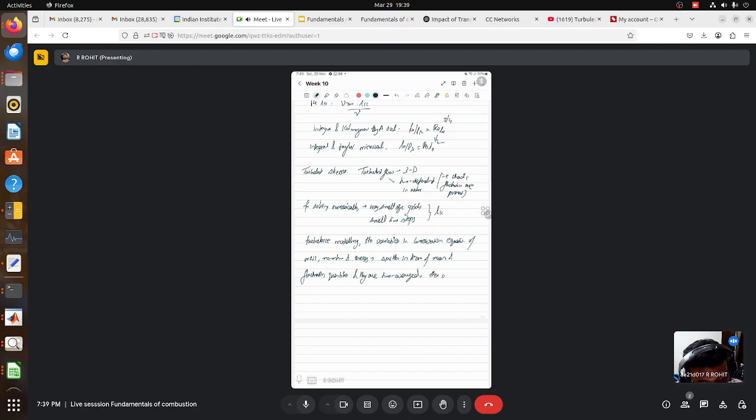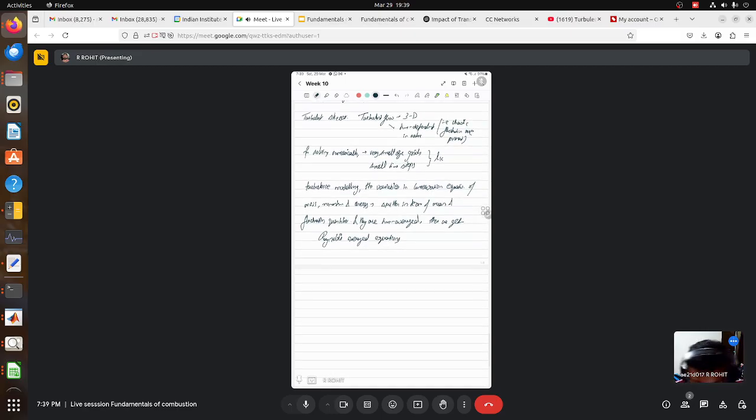Then we get what is called the Reynolds averaged equations. In these Reynolds averaged equations, there is an extra term at the end that you encounter, which is called the turbulent or Reynolds stress terms.